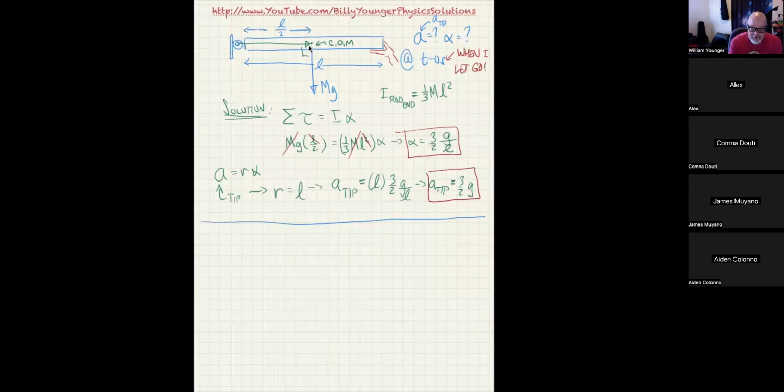For instance, we learned that work is equal to the integral of F dot dl. But what is the rotational analog to force? In other words, what quantity causes rotation?